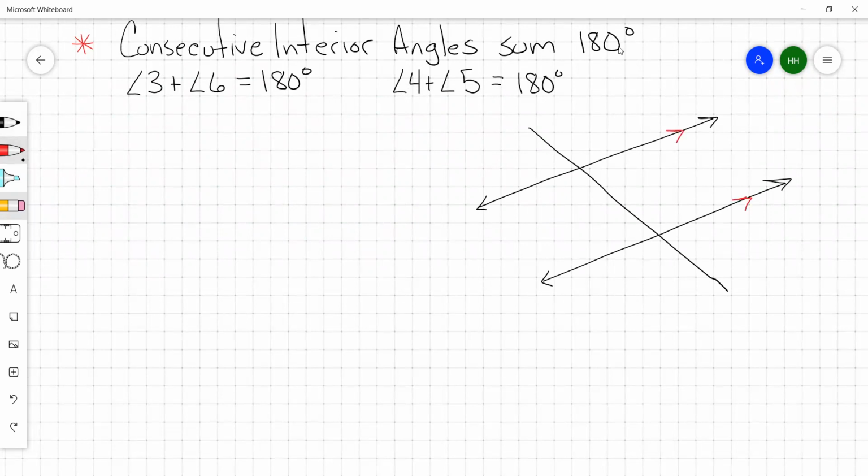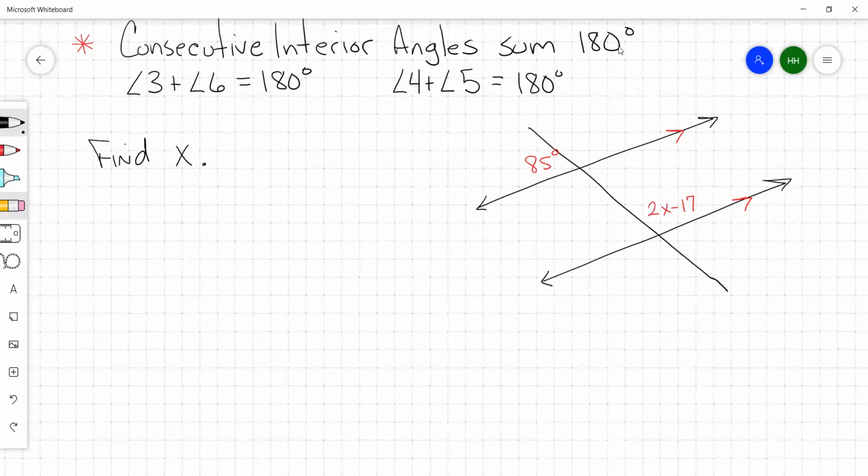The red triangle on there means they're parallel. And you're told that angle 4 equals 2x minus 17. Angle 1 equals 85 degrees. And you're asked to explain your reasoning and find x, which means solve for x.